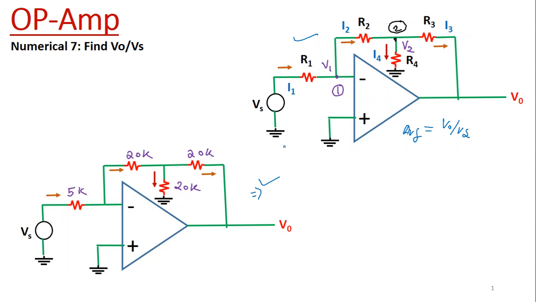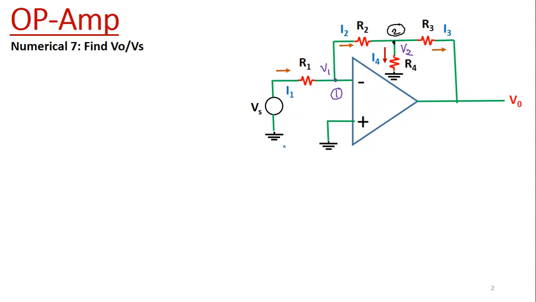So first we are going to start with the first circuit. Here you can see I have represented two nodes, node number 1 and node number 2, and this circuit diagram has 4 resistances, that is R1, R2, R3 and R4.